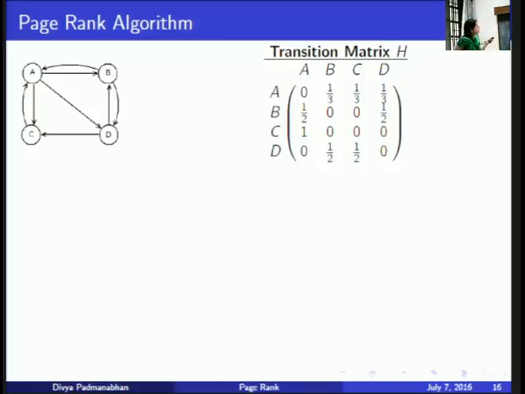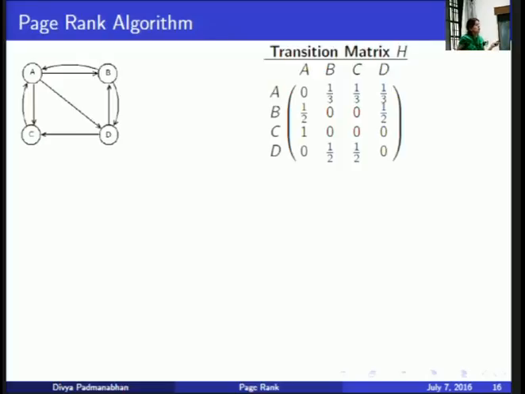Here, to get these entries, I look at the number of outgoing links from any node. From node A, there are 3 outgoing links, to B, C and D. So I say that from A to B, C and D, the weight is 1 by 3, 1 by 3, 1 by 3. It's 1 over the number of outgoing links.